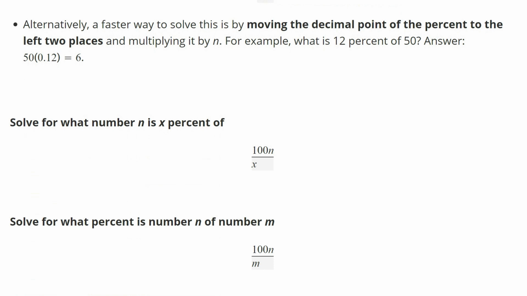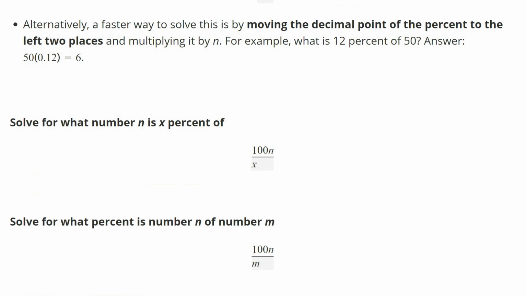Likewise, with these two formulas, about n is x% of whatever, it's a complicated way of saying it. The much easier way of thinking about it is not through a formula. 5 is what percent of 13? You divide the two numbers, 5 divided by 13. And the thing that's in the denominator is always the word or phrase after percent of.